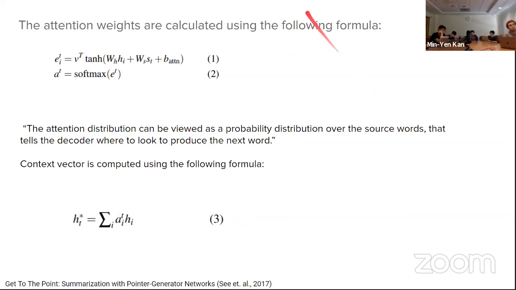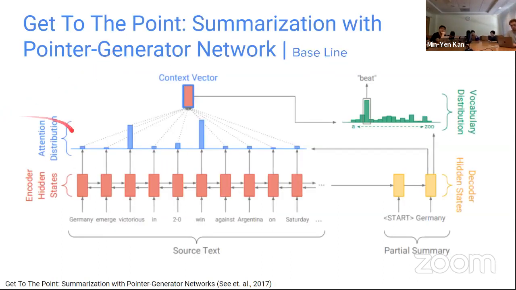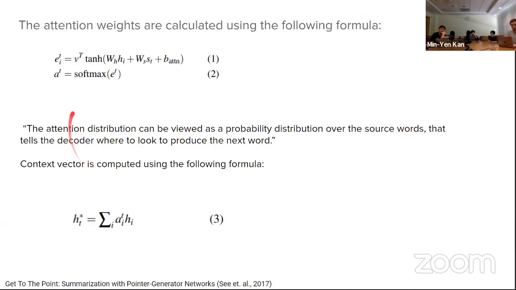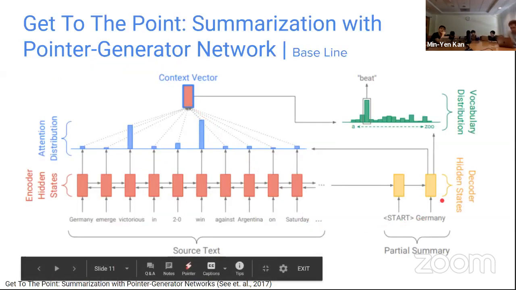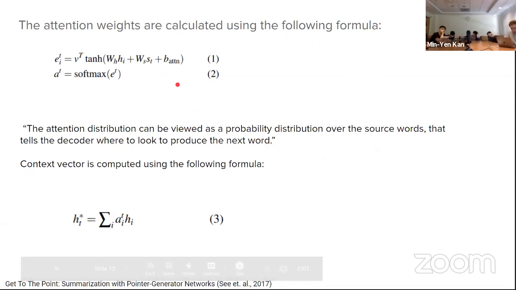Just to show some content from the paper, how they compute the attention is quite standard. They have a combination of the hidden states from the encoder, and s_t is the decoder hidden state, just one hidden state, and some bias term.